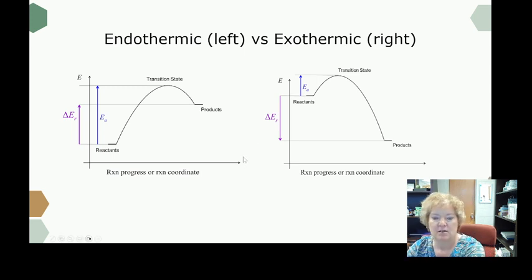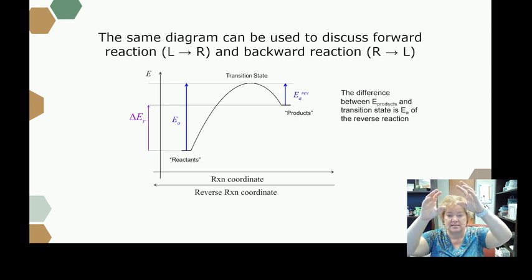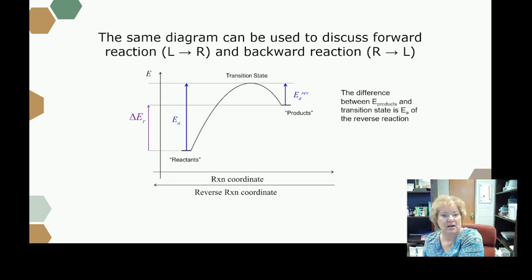All right, so let's talk about a few more things. We're going to be hitting this a lot in the next chapter when we talk about equilibrium. It turns out that reactions don't just happen in the forward direction, they also happen in the reverse direction. So my reactants can form products, but my products might also be able to form that same transition state and then go back on the other side and make reactants.